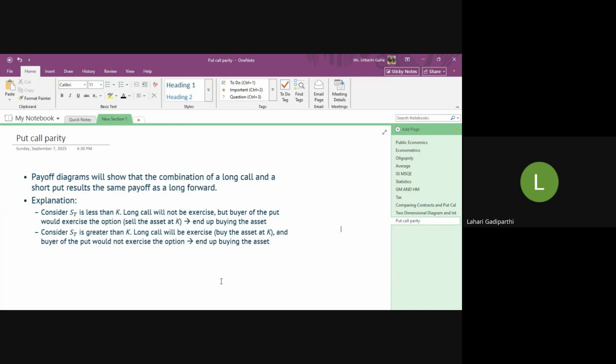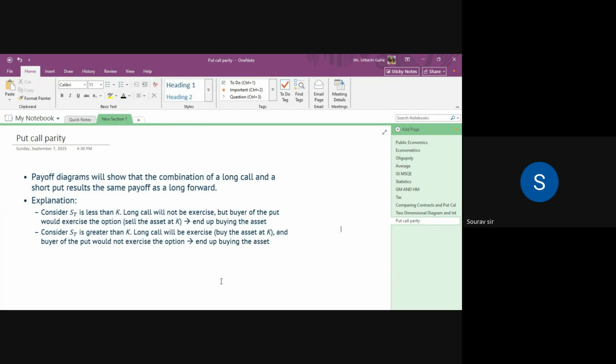And how to ensure a long position, vertical offset I have told you, ensuring a short position, that also combining options. And there are 4 basic options: long call, short call, long put and short put.